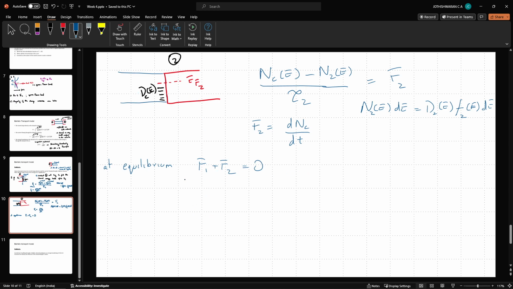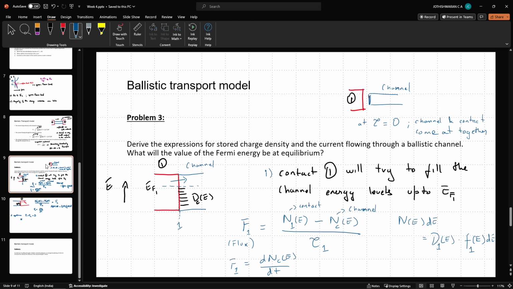Just writing exactly these two quantities, going back to the previous slide, it will be this one over here.